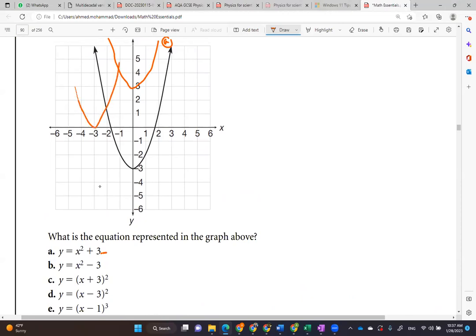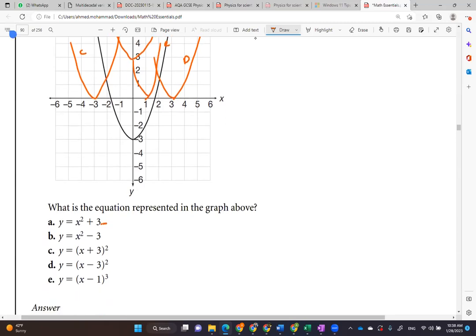This is the graph C. This is the graph D. And x minus 1 to the power 3, so you're gonna move to the right. This is the graph E. Okay, so don't get confused, guys, please. The answer is B.